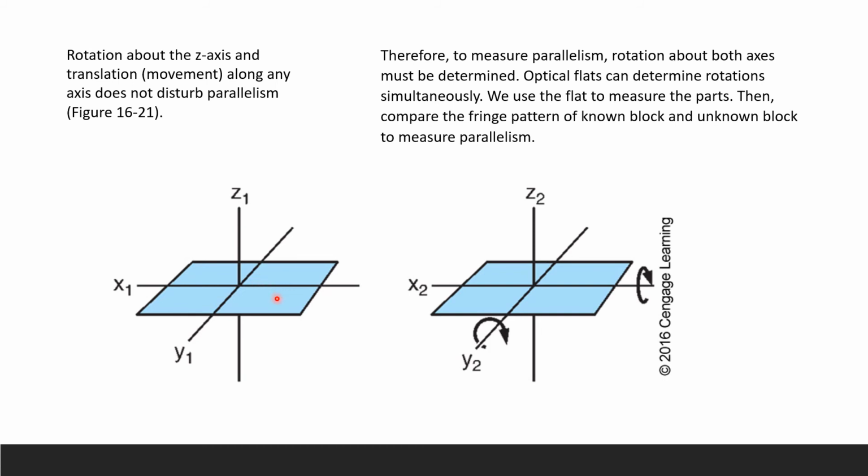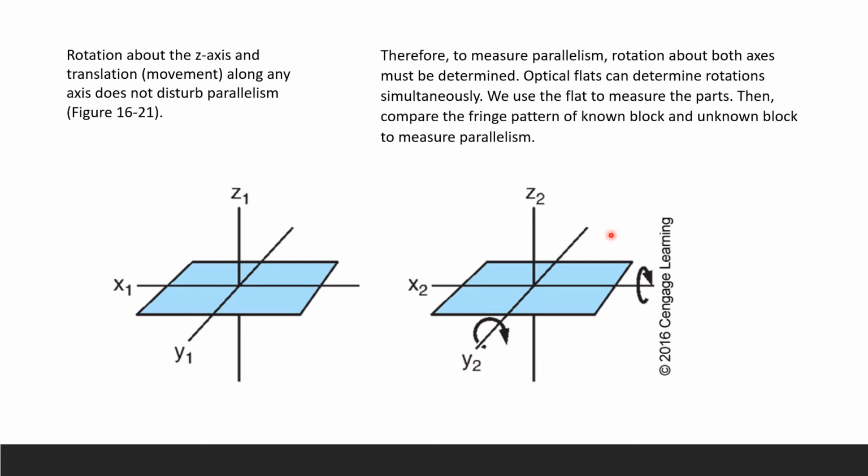Okay, it's not going to disturb the parallelism measurement at all, so you can move. Therefore, to measure parallelism, rotation about both axes must be determined. So optical flats, that's our measuring instrument, can determine rotations simultaneously. We can do it at the same time.